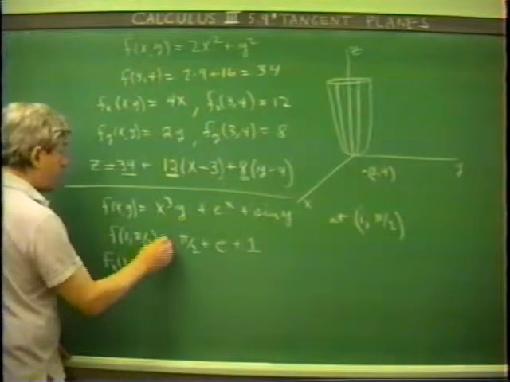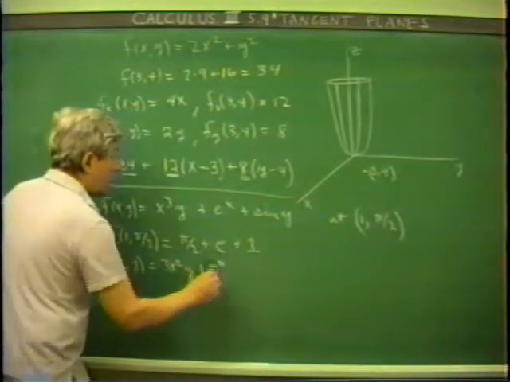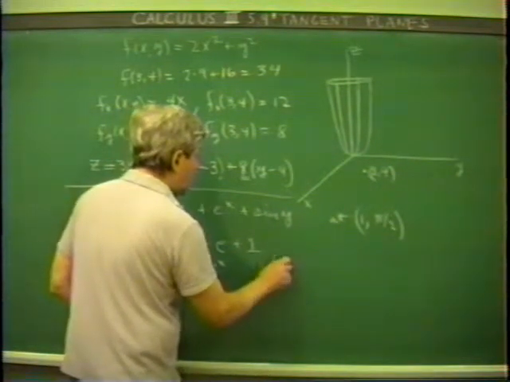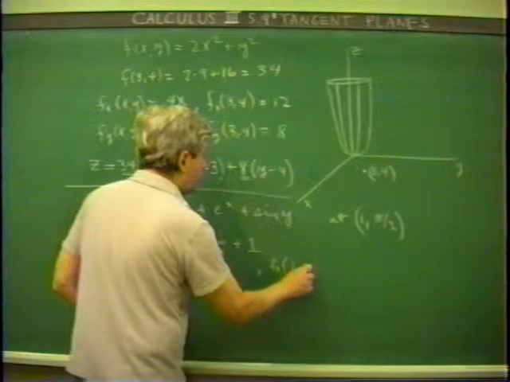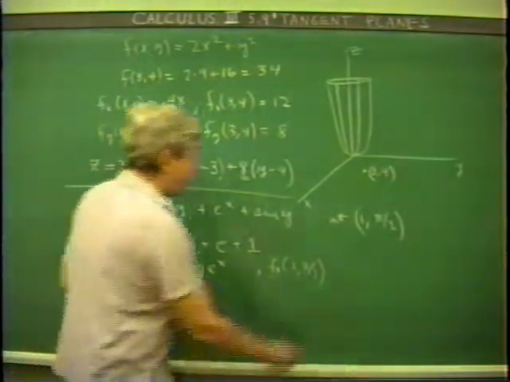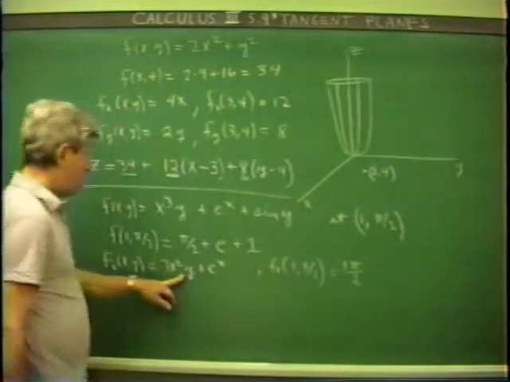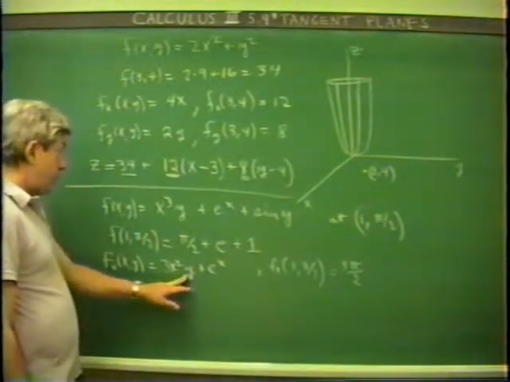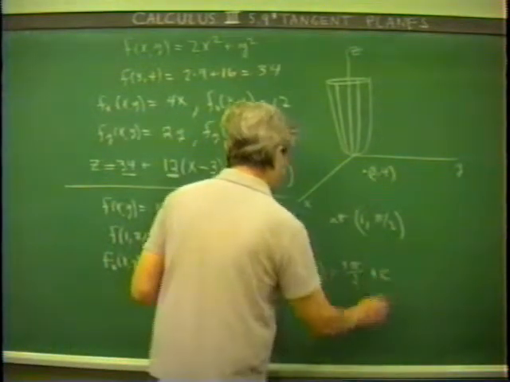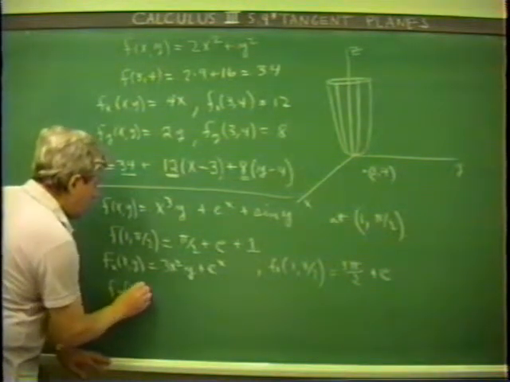Right? The partial with respect to x of this at x and y is going to be equal to 3x squared y plus e to the x. The partial with respect to x at 1, pi over 2 is going to be 3 times 1 times pi over 2 plus e.